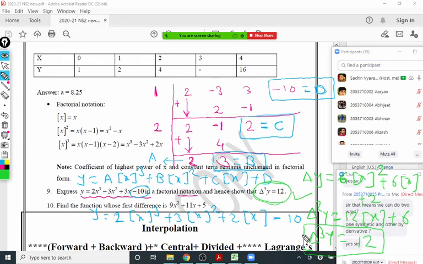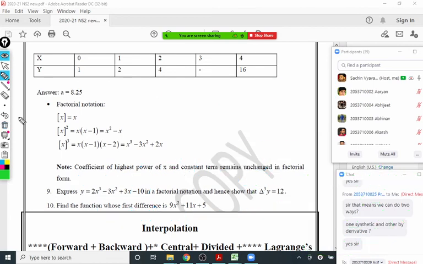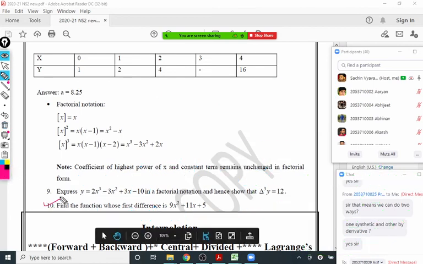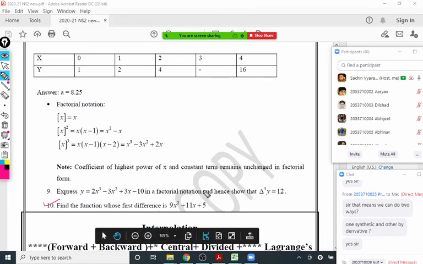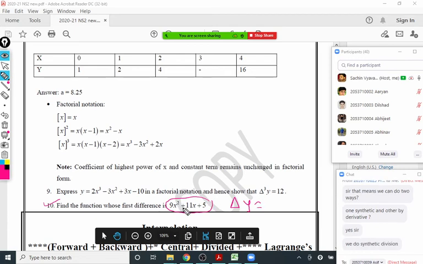Okay. Now one small question here. This is question number 10. Find the function whose first difference is this one. That is the question we are given. So indirectly we are given delta y, because the first difference of y is given.